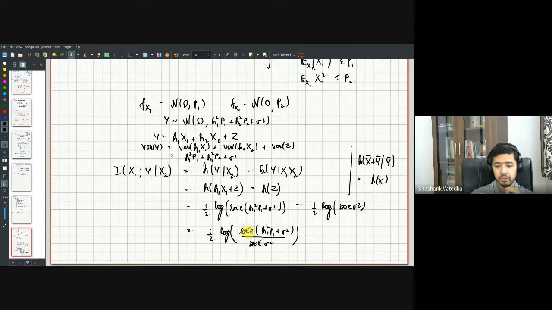So the 2 pi e gets cancelled, and this just reduces to half log 1 plus h1 square p1 by sigma square. Right, so this is the mutual information between x1 and y given x2.